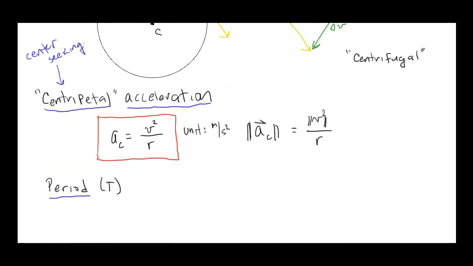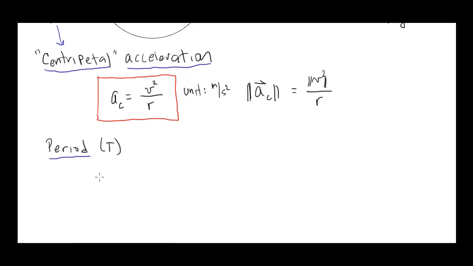And so the period T is equal to the circumference, 2 pi r, divided by the speed v. I'm using the equation T equals distance over speed. So 2 pi r is the linear distance, and v is the speed with which the object's moving. So that gives us an expression for the period.